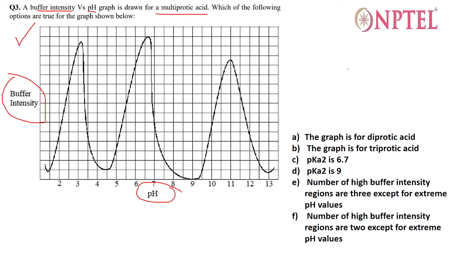So all of you know what is a multiprotic acid, be it monoprotic, diprotic, or triprotic. So you can think about possible examples of monoprotic, diprotic and triprotic acids, and just answer this. Which of the following options are true? The graph is for a diprotic acid, is for a triprotic acid, pK2 value, something like that.